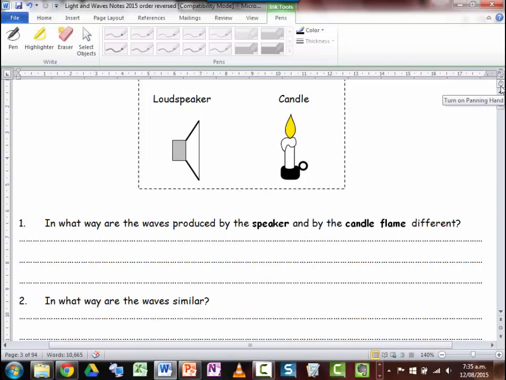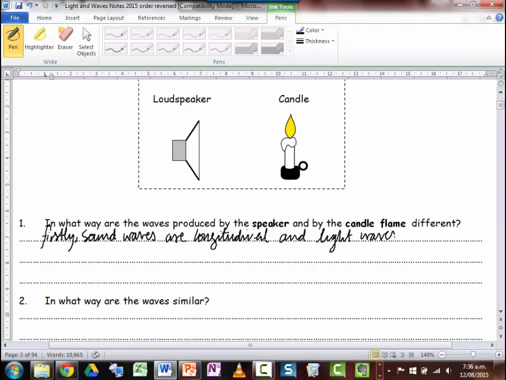And what we said was that the first difference, firstly, the sound waves are longitudinal, and light waves are transverse.